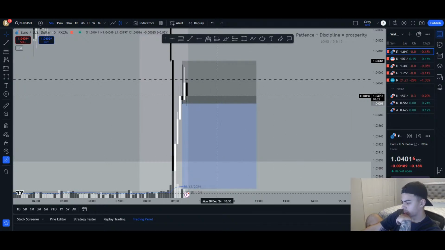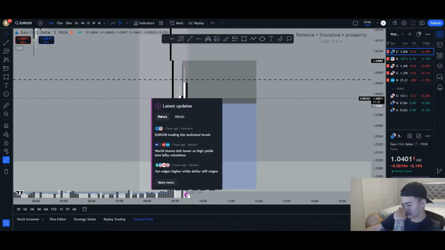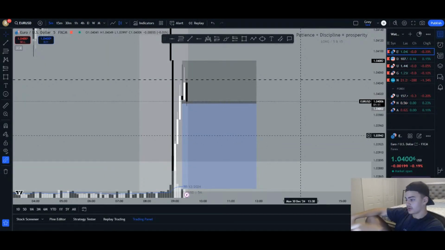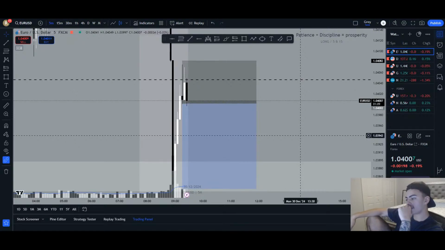Oh, almost 9:30. So next candle's a news candle, and if it goes like this, looks like it might go down.